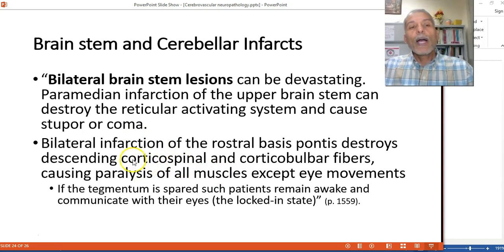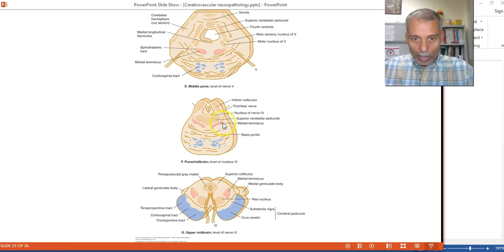And then a bilateral infarction of the rostral basis pontis destroys this. The rostral basis pontis is, if you look here, part of the pons.